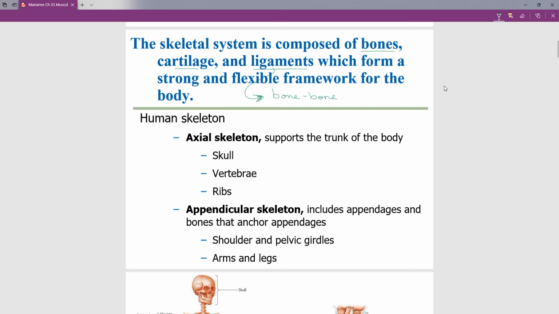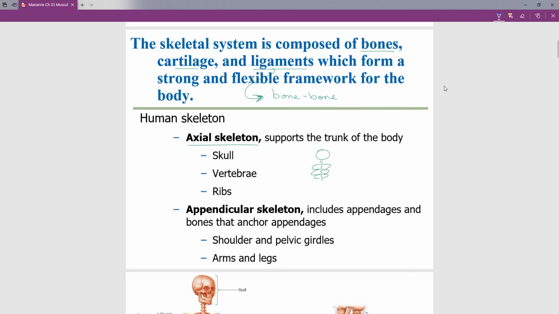Your skeleton is divided into two different sort of divisions, if you will. So the axial skeleton is kind of the center. That would be your skull, your vertebrae, and your ribs. My awesome little skeleton that I'm drawing here. Your appendicular skeleton would be everything else.